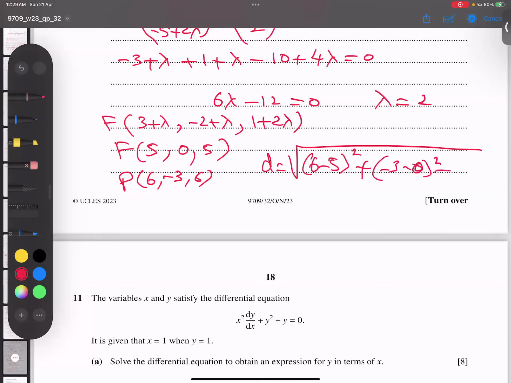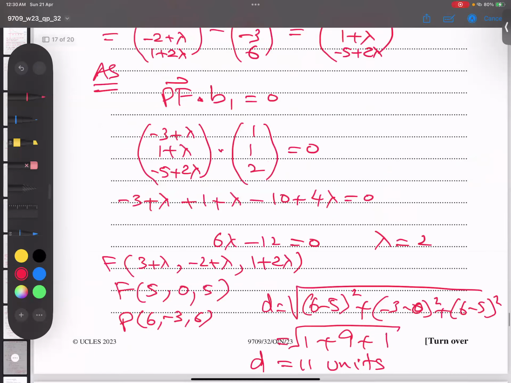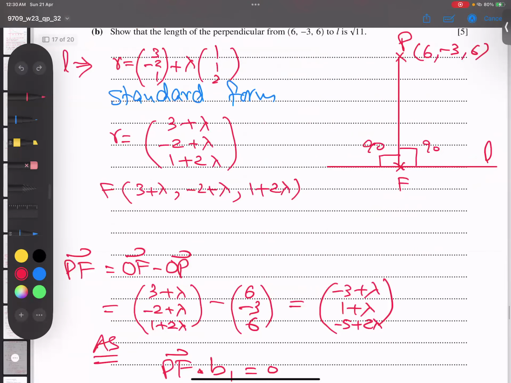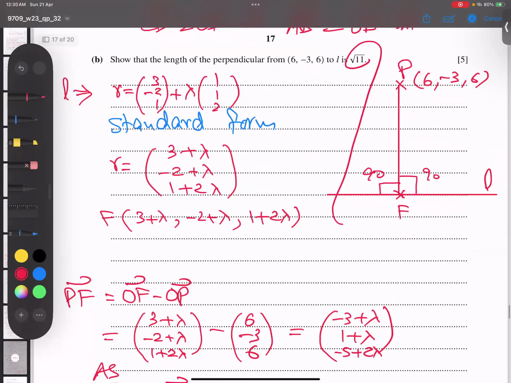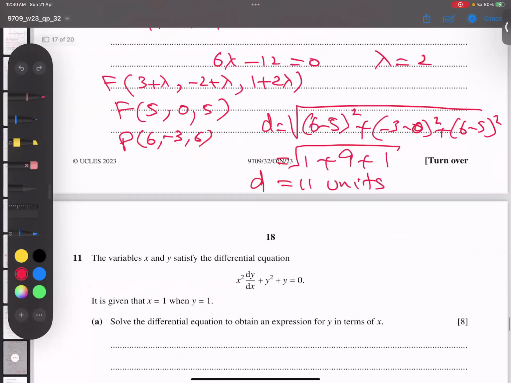This minus this, so 6 minus 5. And here I got a 1, and here I got a 9, and here I got a 1, and root 11 is the distance in units. It means this distance is root 11. And I believe you got my point. Oh sorry, we have to prove it. So alhamdulillah, done.